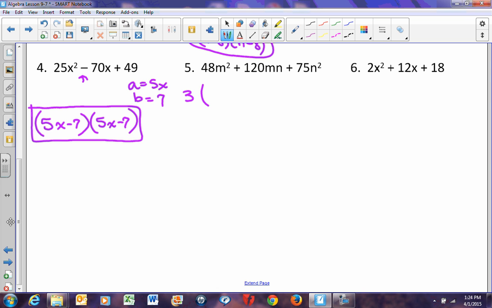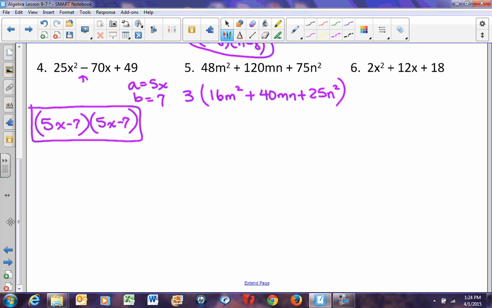If I factor a 3 out of everything, I'll get 16m squared plus 40mn plus 75 divided by 3 is 25, 25n squared. Now, look at that. That's a perfect square, isn't it?